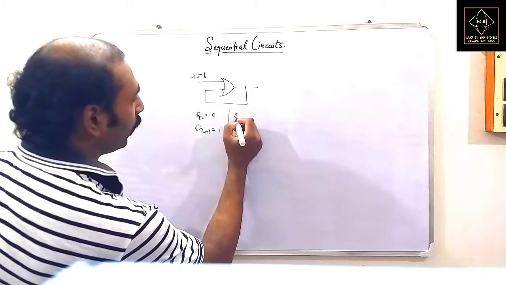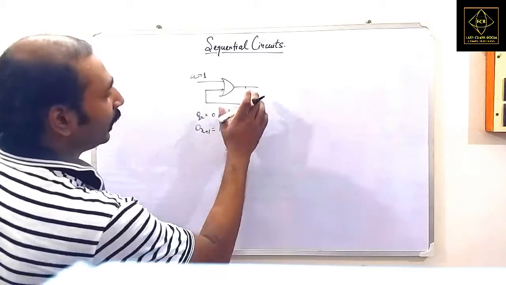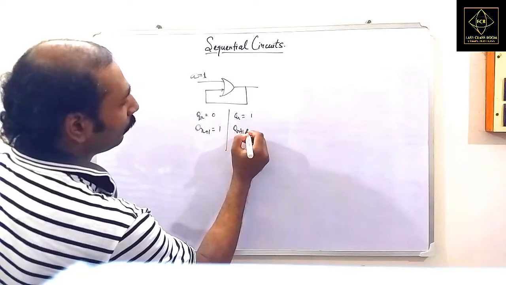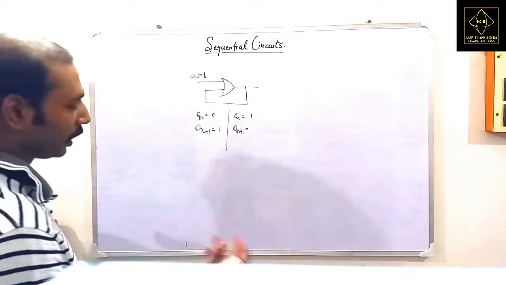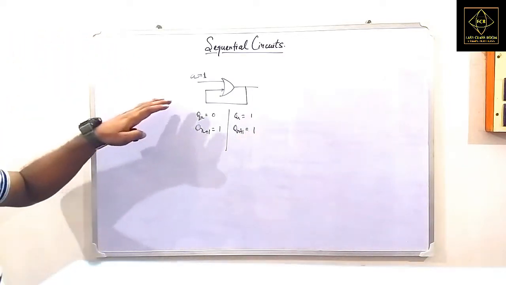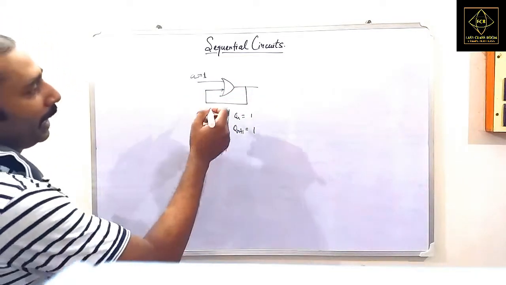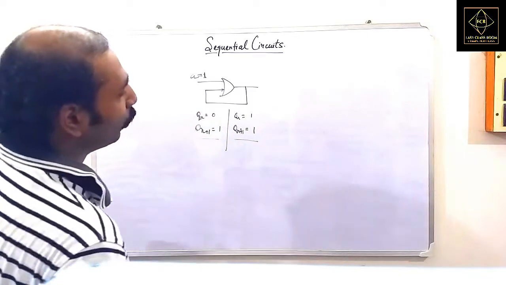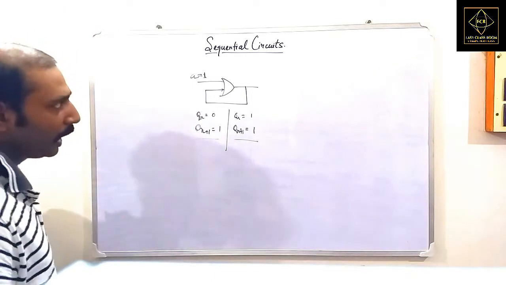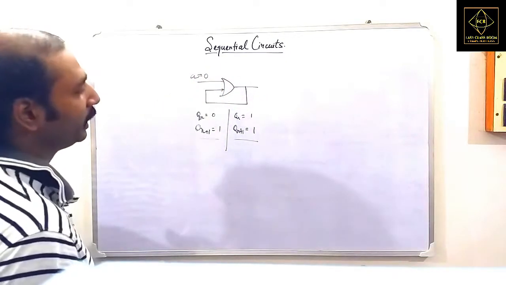Now the same scenario, if Qn, the previous internal state, is 1, whatever happens, the output for the next state will always be 1. So just by managing the previous state, we can have a stable state in both scenarios.